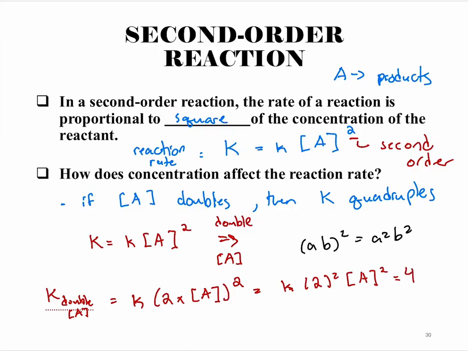So this is going to be 4 lowercase k times the concentration of A squared. And if we look at what we originally wrote, lowercase k times the concentration of A squared is just equal to our original rate of reaction. So this right here is K, and I'm going to put in parentheses, original. Sorry, I know my handwriting's a little bad there.